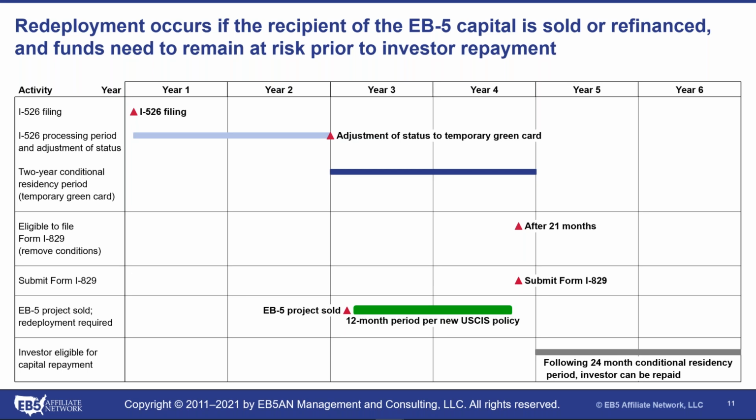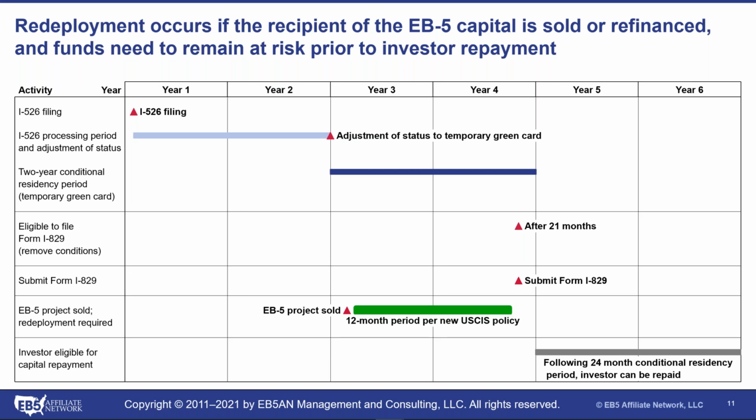And once that happens, the other major bright line rule, at the end here in the bottom row, is: when is the investor eligible for repayment? Once that 24-month period has been completed, then the investor can be repaid. Again, these are the foundational rules that were conveyed in the July 2020 policy update from USCIS.